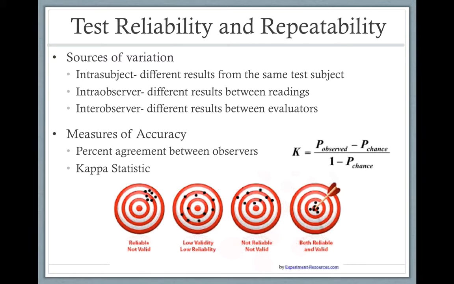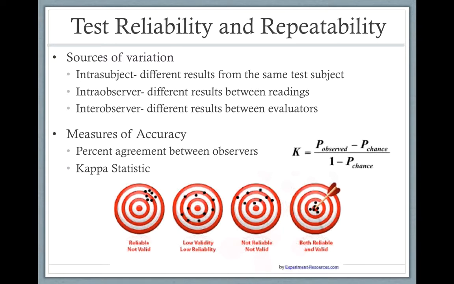Another source of variability within tests is the test reliability and repeatability. So if you give the same test to the same person, does it vary within the same subject, which would be intra-subject variability. Or if you have one person diagnose many different people, are there different results between readings?